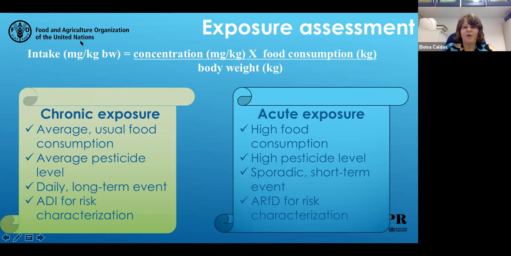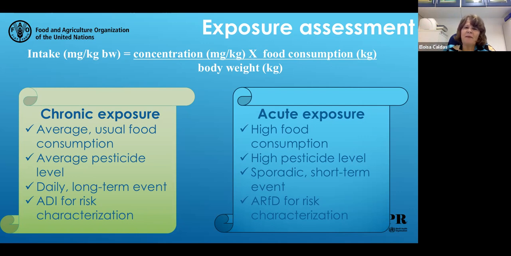When you look at that equation, you see that to estimate the intake, the residue concentration has the same weight in the equation as the food consumption and the body weight. So when I started working with dietary intake assessment, I realized that it doesn't matter if you have, here in the laboratory, I have a very nice laboratory, by the way.